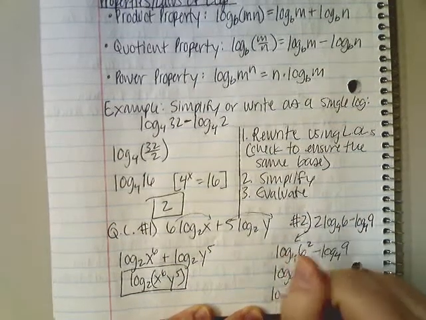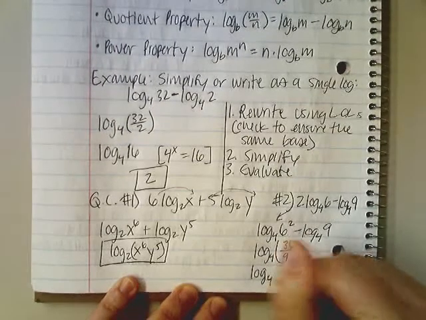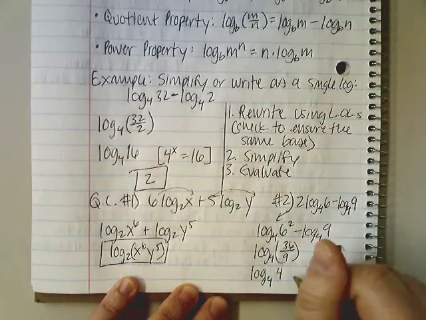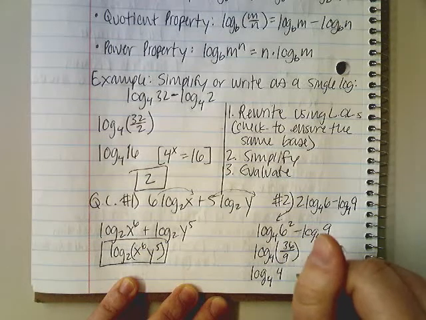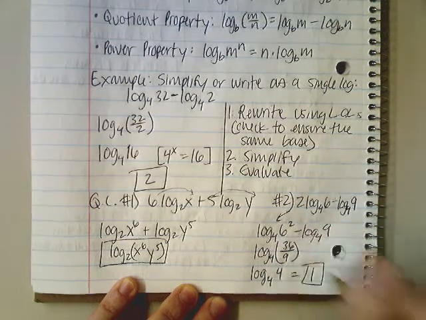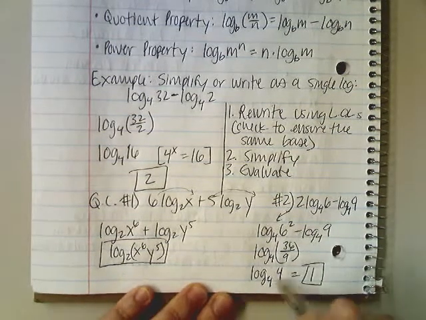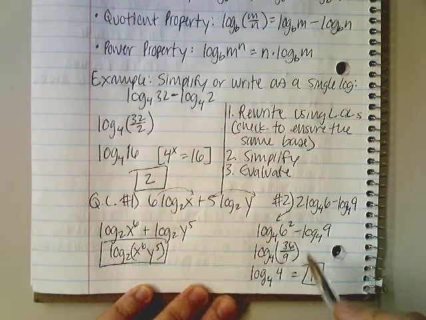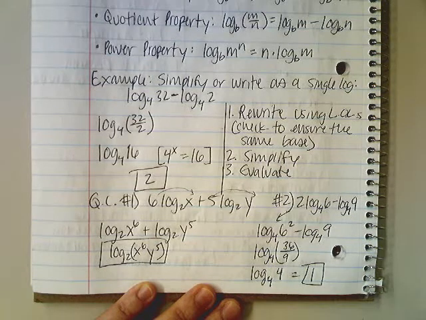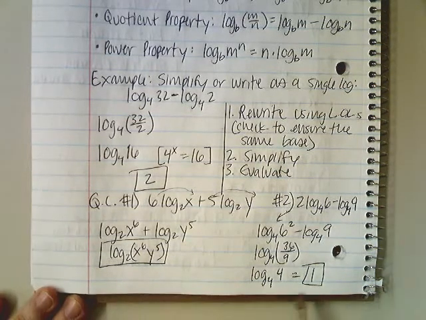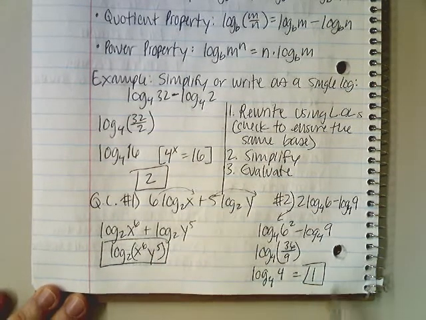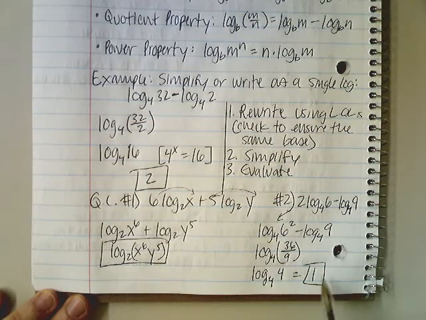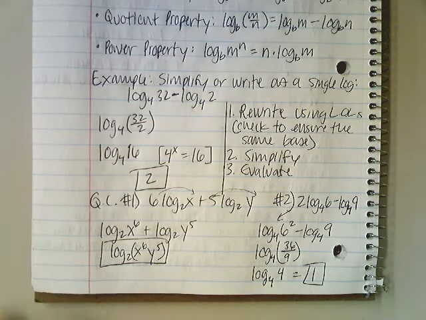If I simplify that, I get log base 4 of 4, which is 4 to the what gives me 4? It's going to equal 1. There's a few different ways you can think of this. The 4s are inverses, so they cancel, or you know the exponent here is 1, so 4 to the 1 equals 4. A few different ways you could evaluate that if you rewrote it as an exponential and calculated it out. But your answer for number 2 is 1.